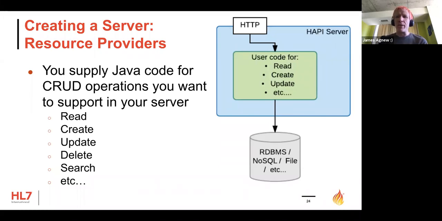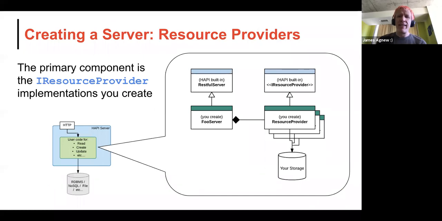You might be talking to a relational database of your own design, or a vendor product that you're just trying to bolt FHIR on top of for a vendor that doesn't support FHIR. You might be talking to a NoSQL database or a file system, or even an Excel spreadsheet. I've seen all of these examples as things people have done. So whatever it is, you're writing code that does that storage bit, and then the HAPI framework is taking care of all of the rest.